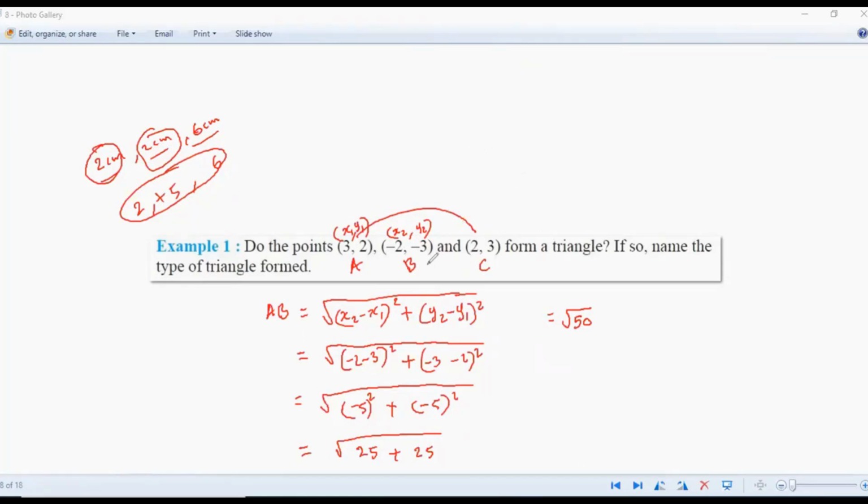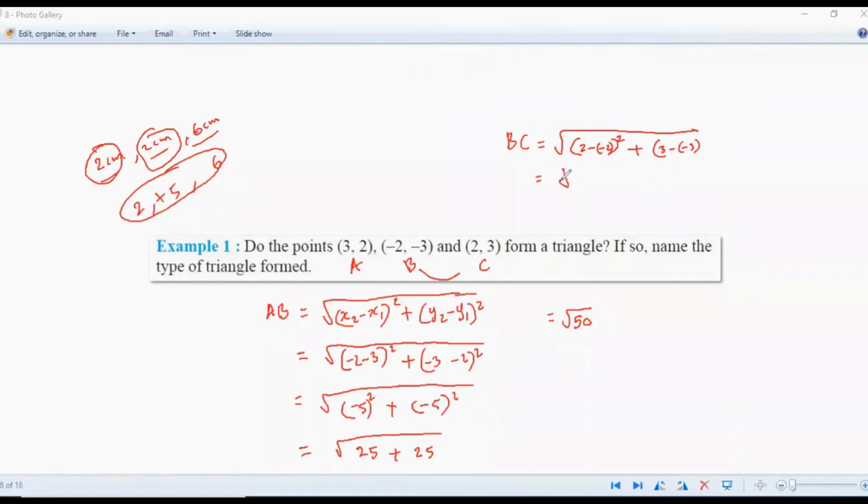Now take the next length, that's BC. How will BC come? When we find BC, we want to give names: (x1, y1) you can choose B, and (x2, y2) you can choose C. So what will come? Square root of (2 minus (-2)) all square plus (3 minus (-3)) all square.